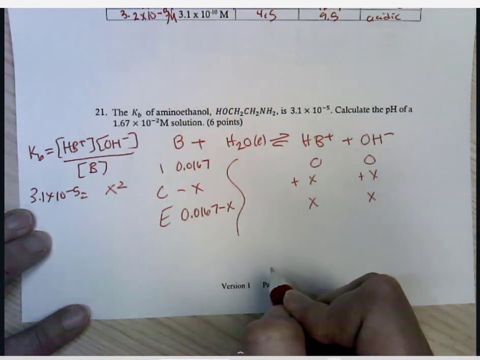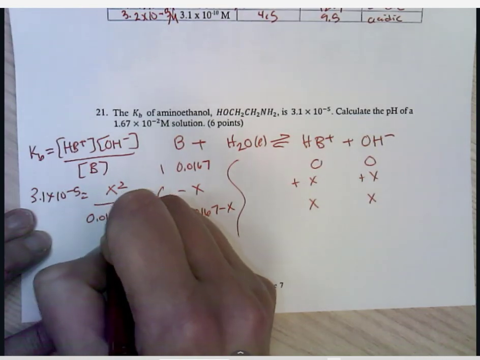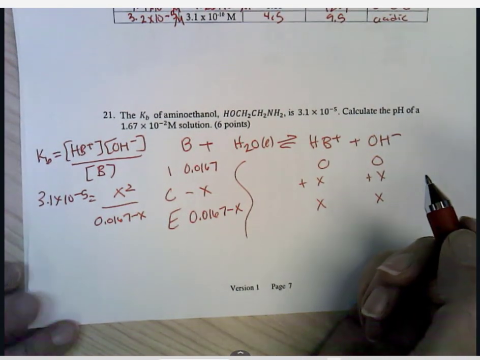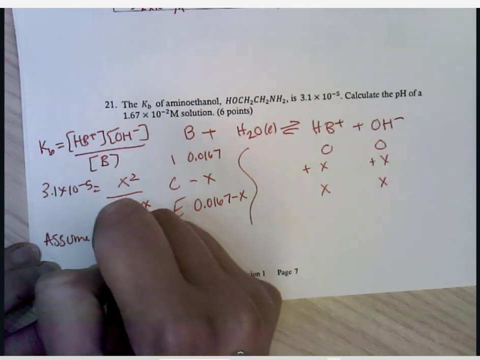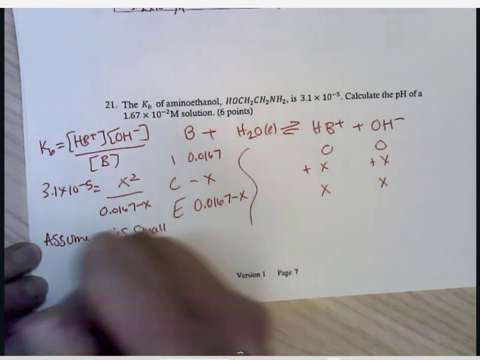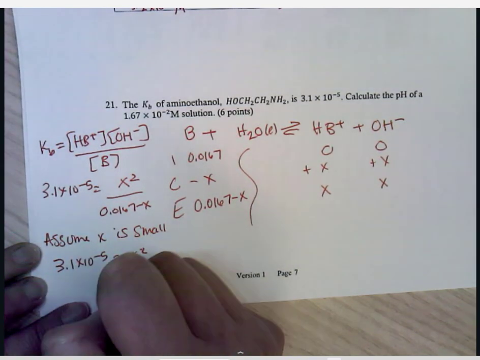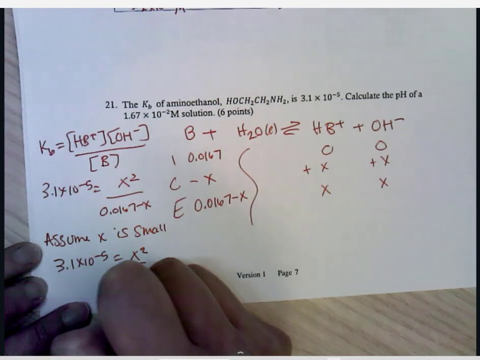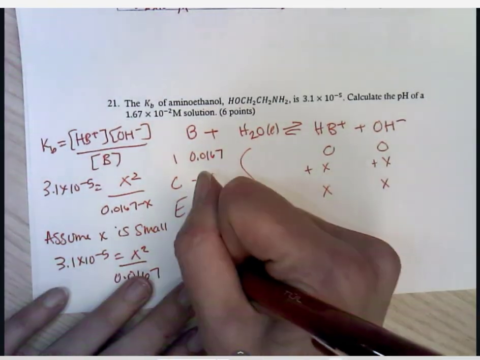HB plus and OH minus are both x, so that's x squared on top, and 0.0167 minus x on the bottom. This is where I can assume x is small. And if x is small enough, then 0.0167 minus x will basically still be the same as 0.0167. Now I'll cross multiply.